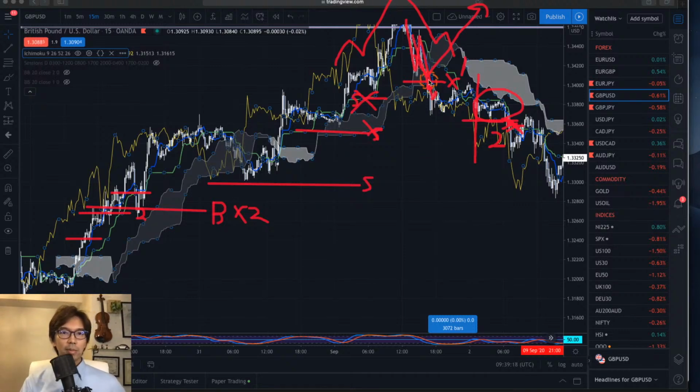And let's say the market takes out this one of the positions, and after the Kijun-sen and Kumo became flat, let's say the market starts to go up, which happens many times. Then when the 4-hour chart Kumo and Kijun-sen start to point upwards, I will look for another buy chance.